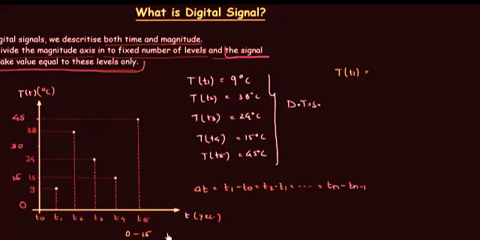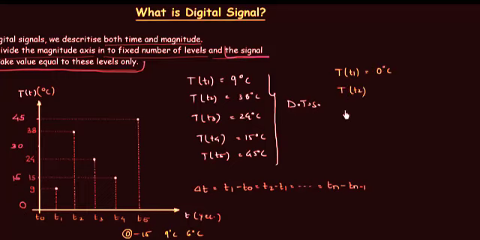The difference between 0 and 9 is 9 degrees Celsius. And the difference between 9 and 15 is 6 degrees Celsius. So this 9 degrees Celsius is near to 15 degrees Celsius. So at first sight it seems we have to consider 15 degrees Celsius. But this is not true. To minimize the error we have to take the lower value. We have to take 0 degrees Celsius. This is the key point that you should remember. We don't select the higher value, we select the lower value. So the temperature T at time T1 is equal to 0 degrees Celsius.